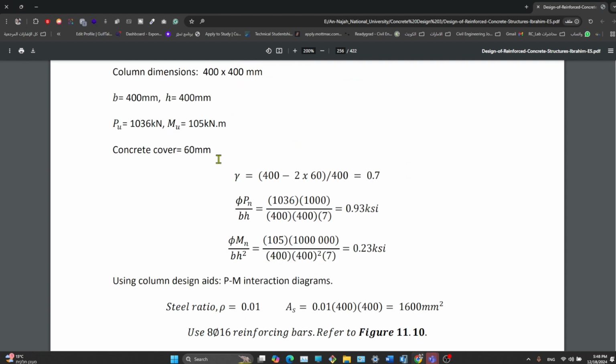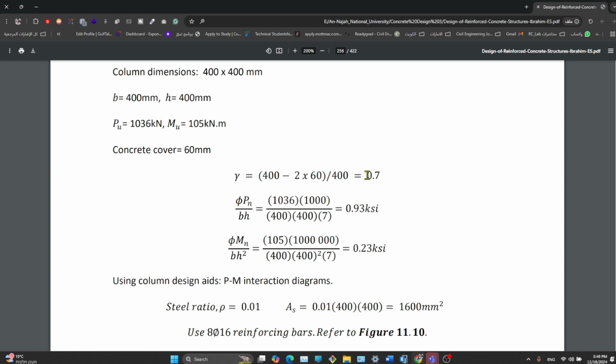Now we have the cover, a complete cover, large but okay. Gamma is equal to the side, 40 centimeters, minus 2 by 6 centimeters, 60 millimeters, over the edge, 400 millimeters. Then gamma is equal to 0.7.